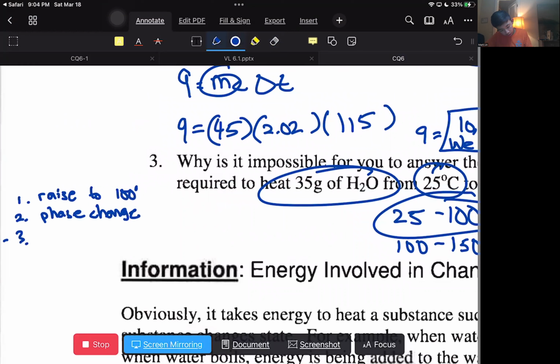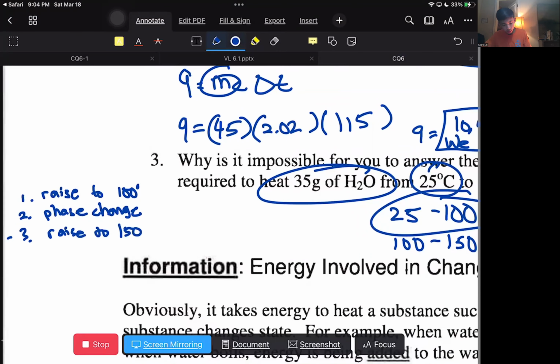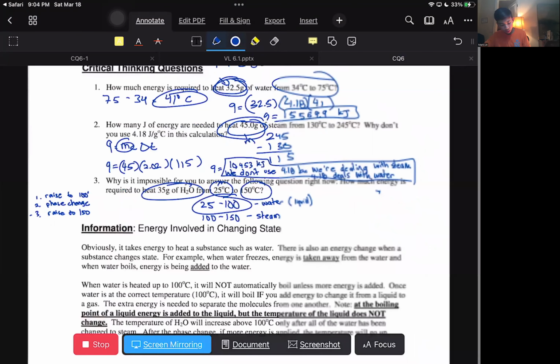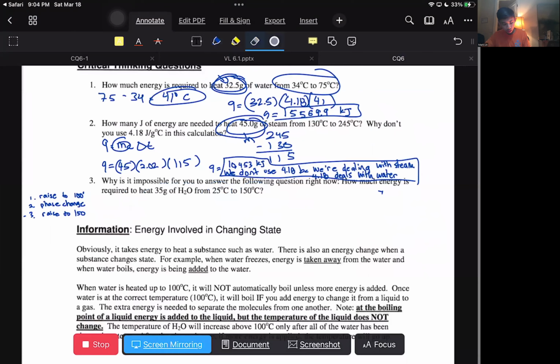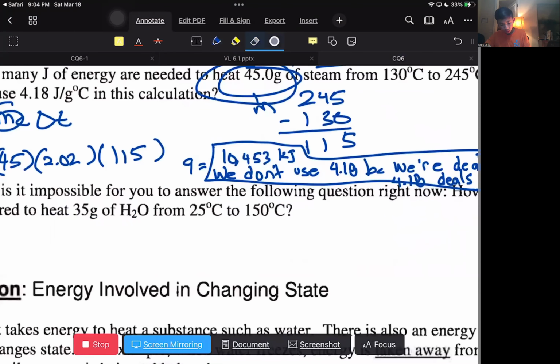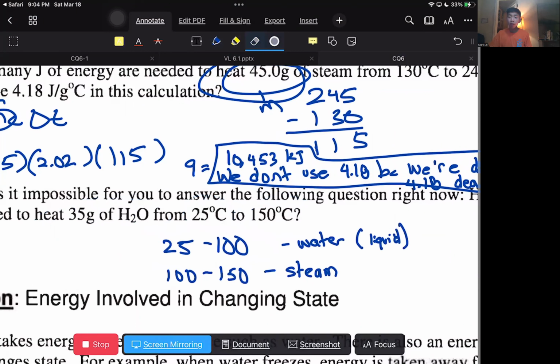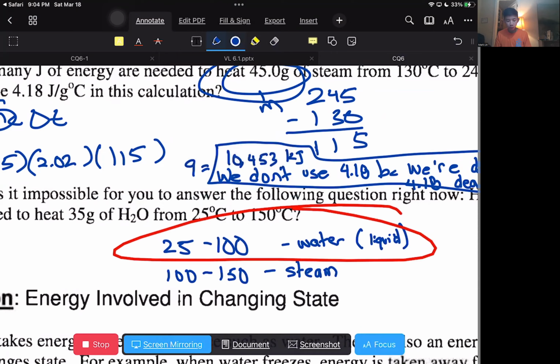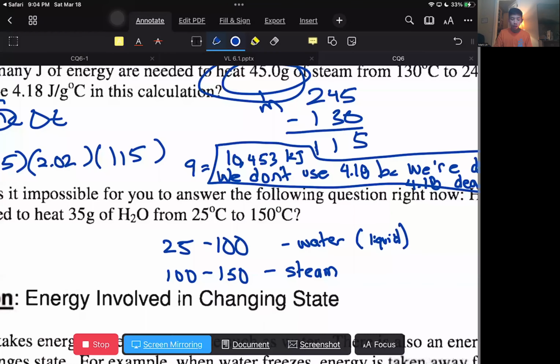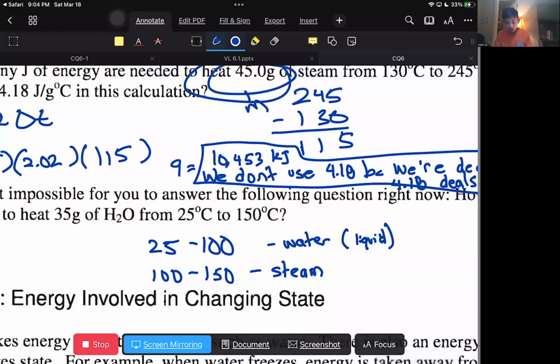And three, raise to 150. So our first change is 25 to 100 degrees Celsius. Let's calculate that out.